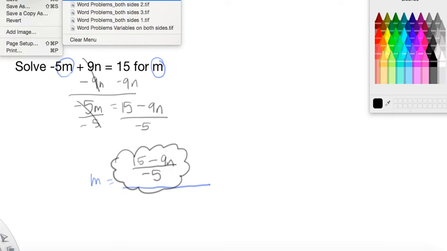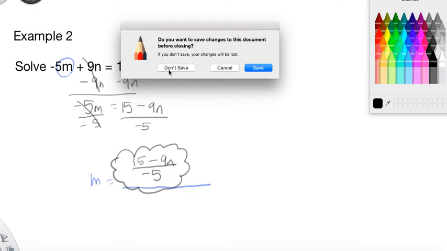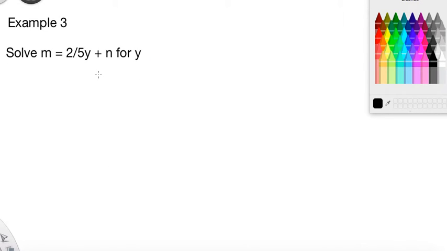Example 3. We're solving m equals 2 over 5y plus n for y. All right, so I'm going to go ahead and rewrite this. I like to have the fractions looking like I'm used to seeing fractions.